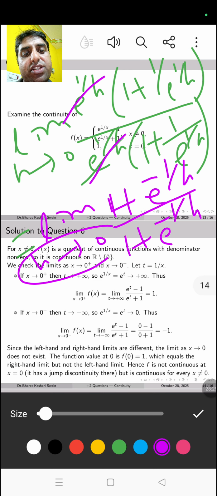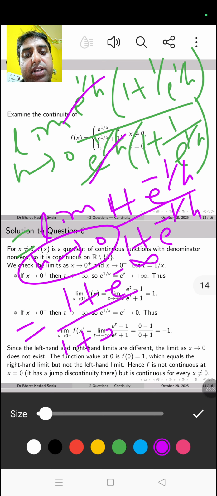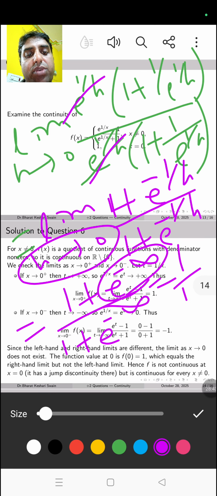Now take h tends to 0. That will be e to the power minus infinity again, and we know that e to the power minus infinity is 0, so it is 1 divided by 1, that is equal to 1.